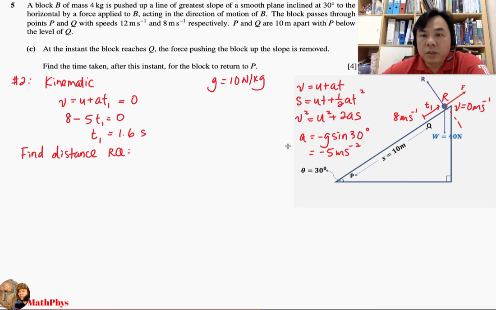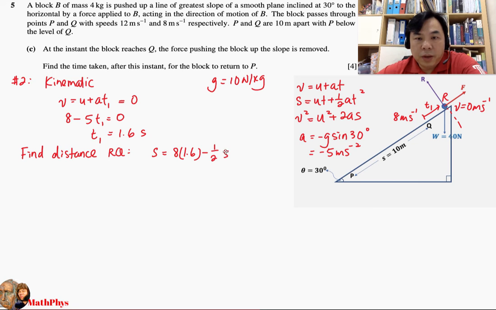To find distance RQ, you can make use of any one of these SUVAT equations. For me, since we have the time here, we might as well use S equal to UT plus half AT squared. Since your U is 8 and the time is 1.6, that would be half of 5, because acceleration is -5, times 1.6 squared, and that will be our distance.